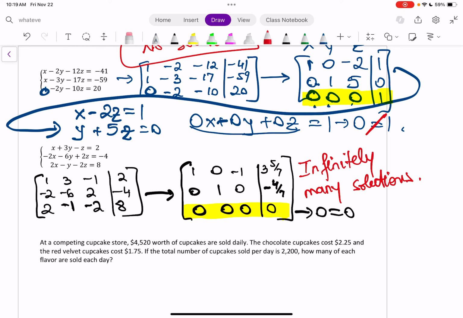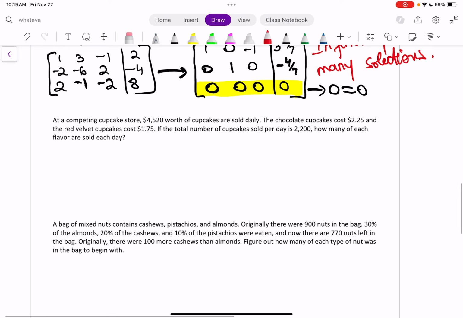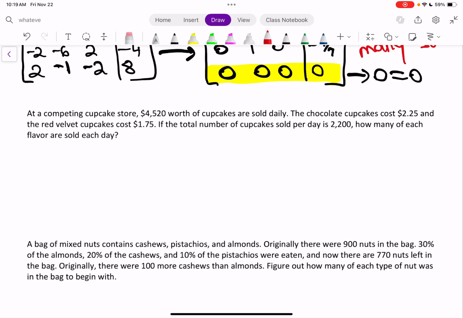Okay. So now that we don't actually need to spend any time on solving the systems, I wanted to solve a couple word problems that will take us time setting up the problem, but we will need much time solving it. So it says, at a competing cupcake store, $4,520 worth of cupcakes are sold daily. The chocolate cupcakes cost $2.25 and the red velvet cupcakes cost $1.25.